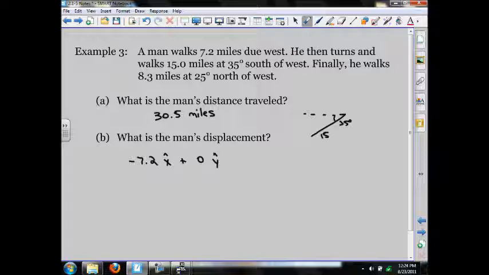Positive or negative x? Negative x. So for the x component, it's going to be negative 15 cosine 35. It's best just to leave it like that instead of going ahead and typing it in your calculator. What would the y component be? Negative 15 times sine 35 would give me the y component.